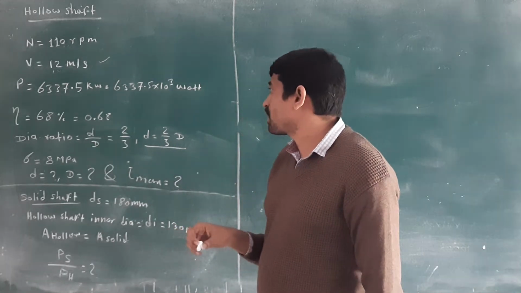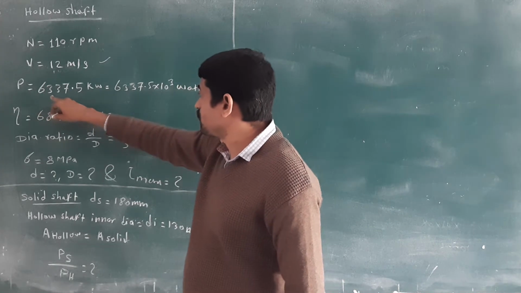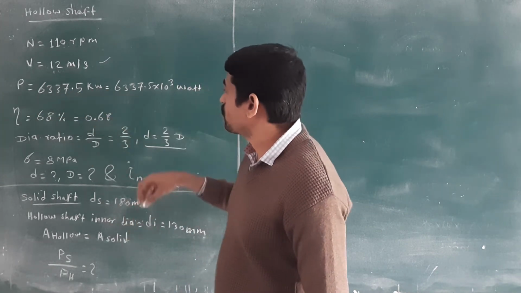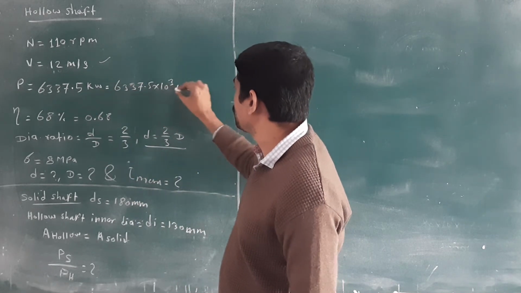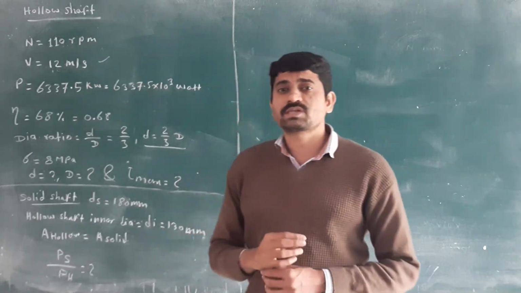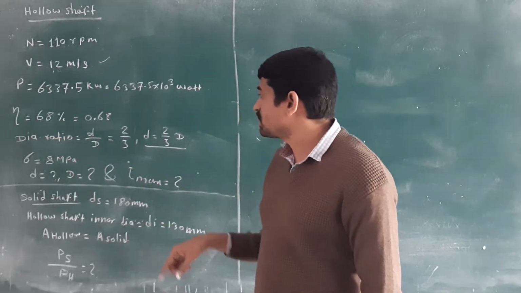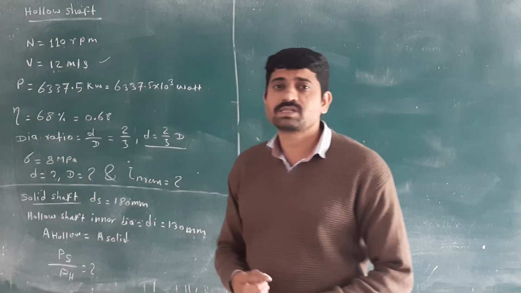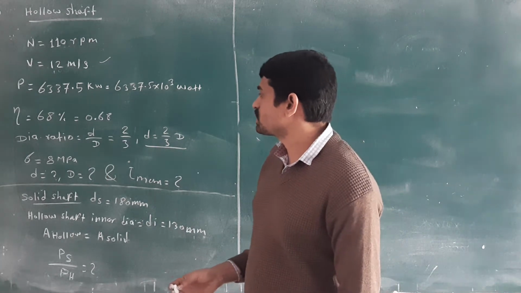The power required to transmit is P equal to 6337.5 kilowatt. You should convert it into watt by multiplying by 10 raised to 3. The efficiency of that propeller shaft is given as 68%. Percentage means divided by 100, so 68 divided by 100 gives 0.68.